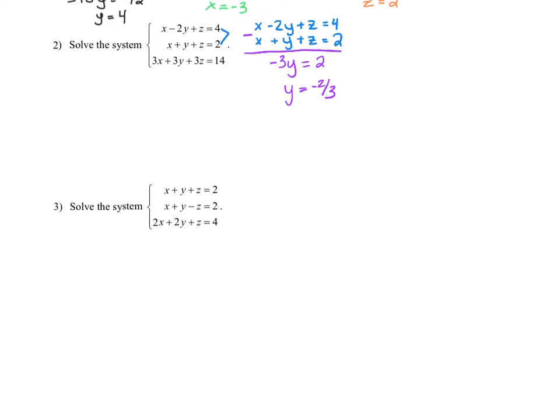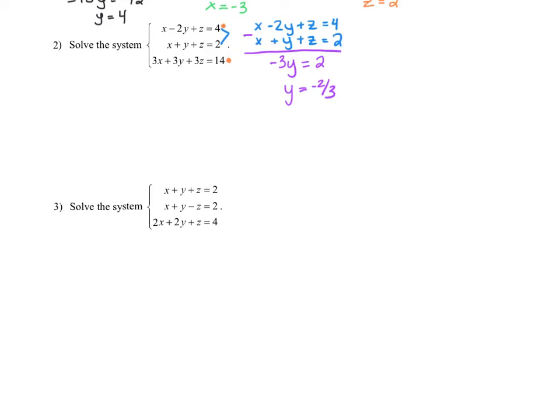So now, using my first equation again, and now my third equation, I'm going to multiply my first equation by -3. So that way, my x's or my z's will eliminate as well.